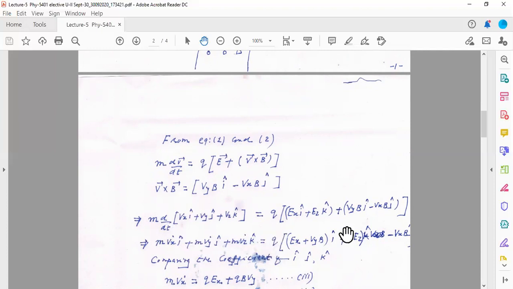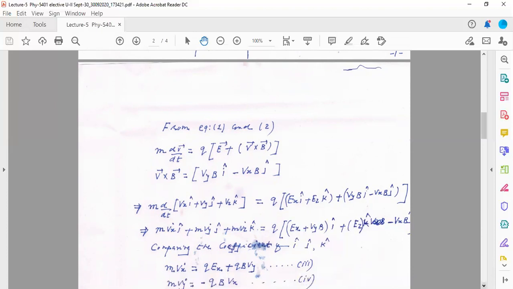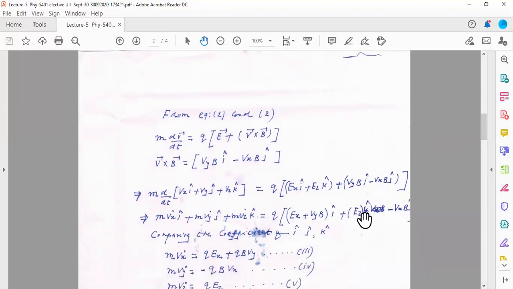This is the left hand side; now on the right hand side I simplify the expression, combining the i term and the j term. You can understand and write it in this manner.